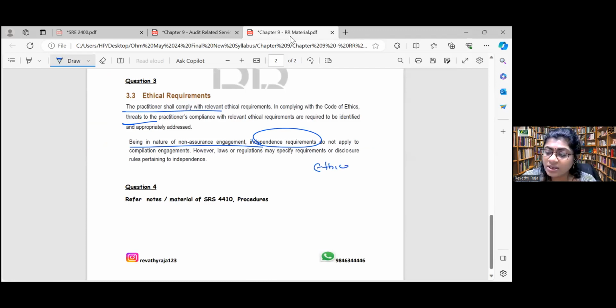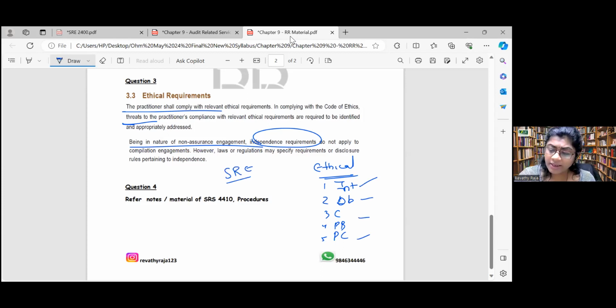Ethical requirements, how many points are there? Para 5. What are those 5? Integrity, objectivity, confidentiality, professional behavior, professional competence. Is independence an ethical requirement? No. Here they are saying, because it is a non-assurance engagement, you need not be independent, but ethics should be followed.